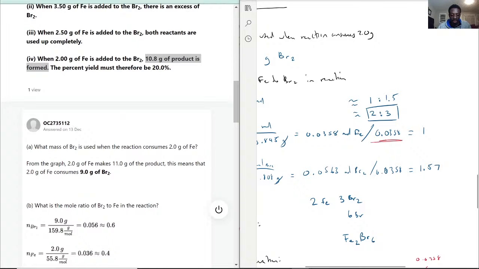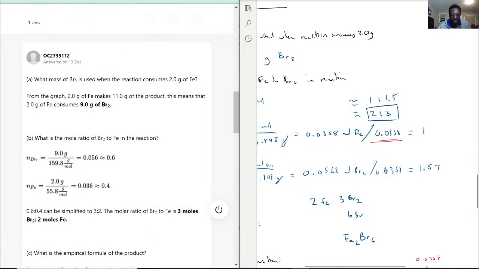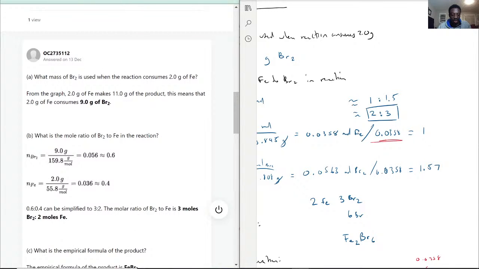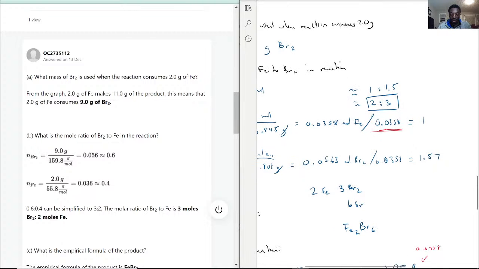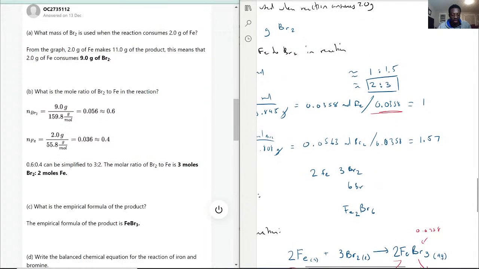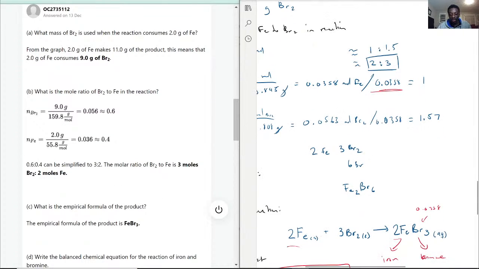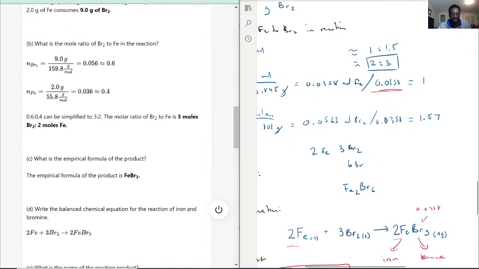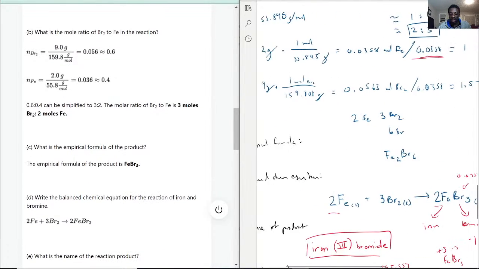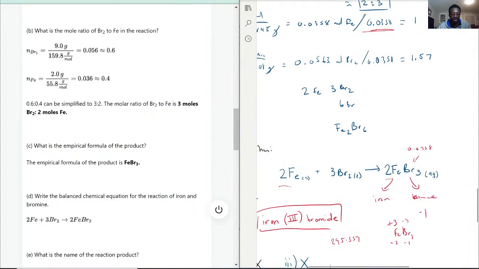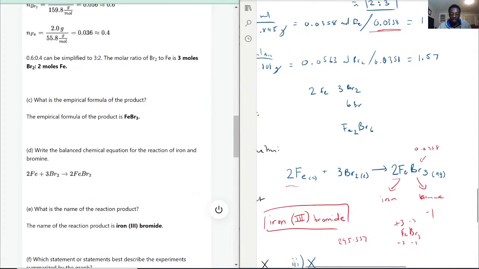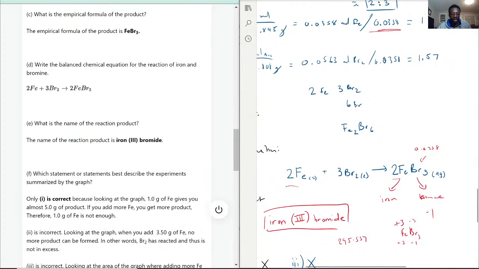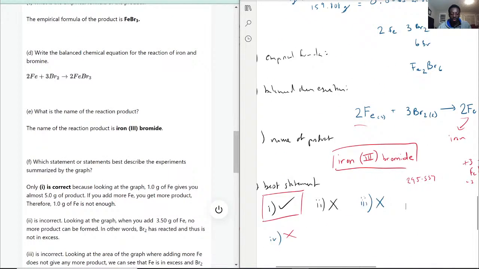They rounded to 0.6 there and 0.4 here, but we still get 3 moles of Br2 and 2 moles of Fe. For the empirical formula, I still have Fe2Br6 just because I wanted to translate directly, but that is correct, FeBr3. And we still get the same balanced equation, which is perfect. And the name is indeed iron 3 bromide, and only one is correct, okay?